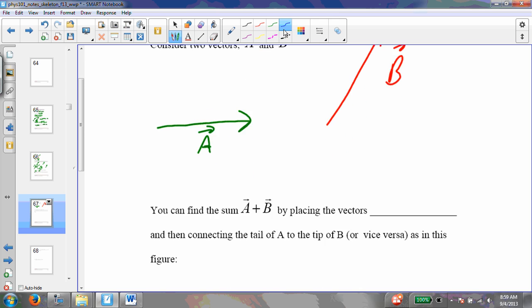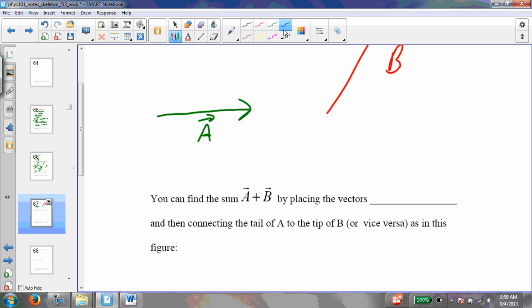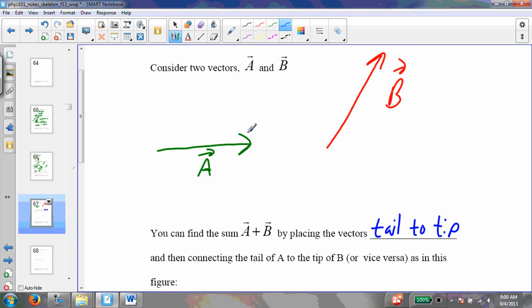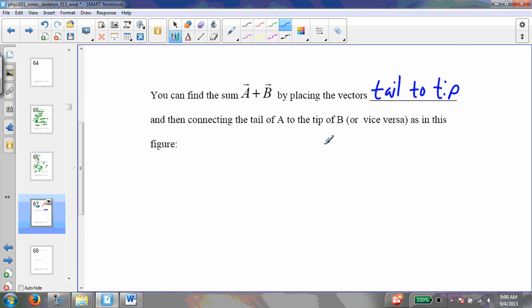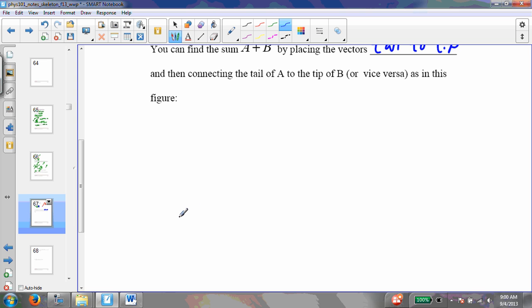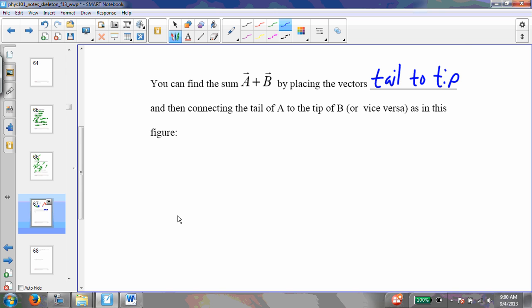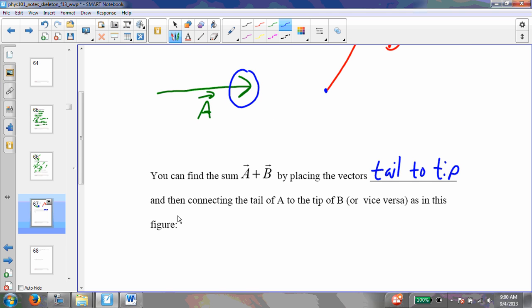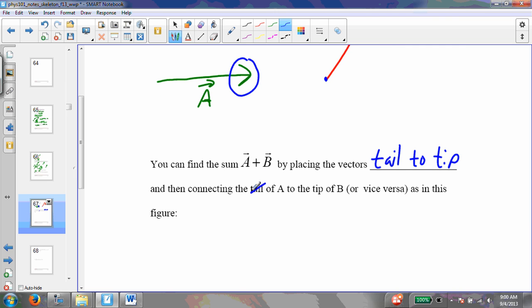I can find the sum of the two vectors by placing the vectors tail to tip, or you can think of it as tip to tail. Actually, I'm sorry, this is a little confusing.